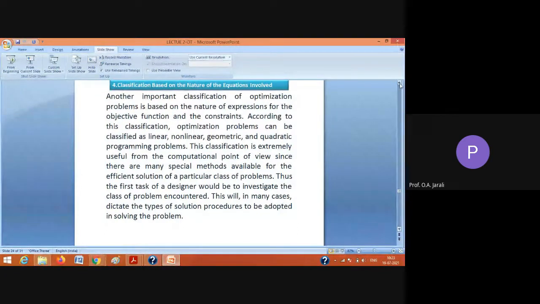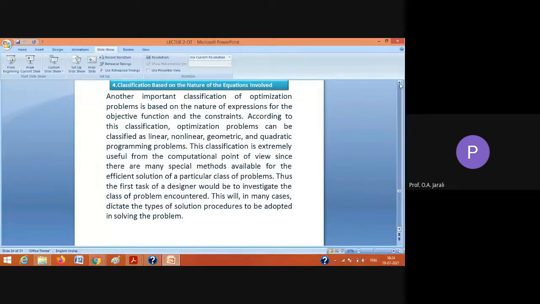See, our aim as an operation researcher or as an optimization technologist: we must first understand the problem, identify the problem, define that problem, and then classify that problem, and then you can solve it. Either it is a linear, non-linear, geometric or quadratic problem.